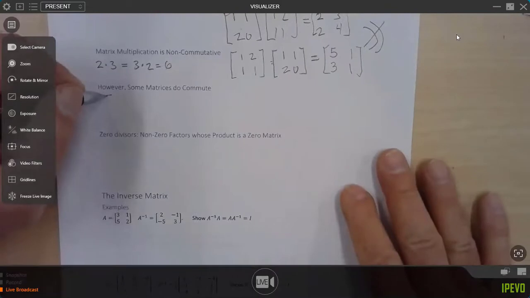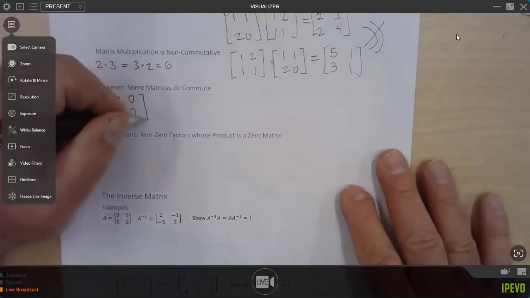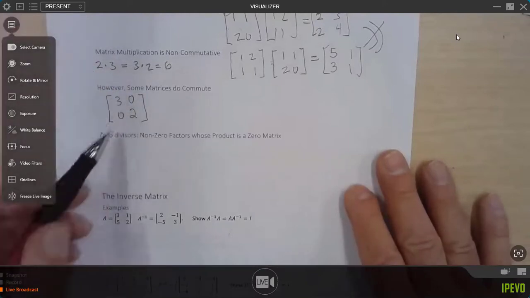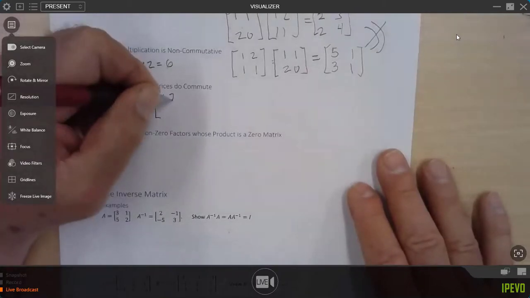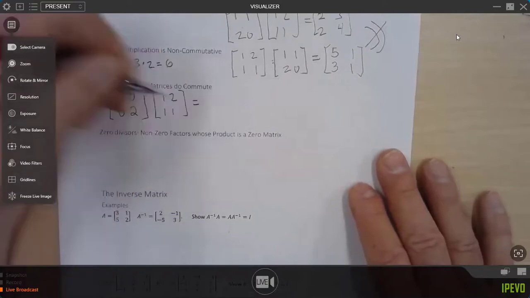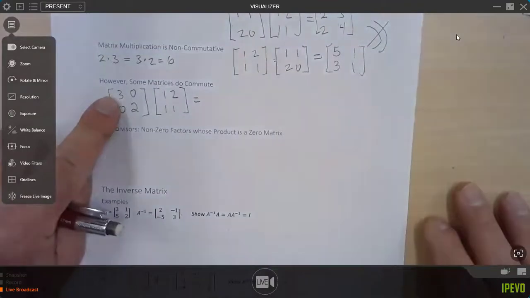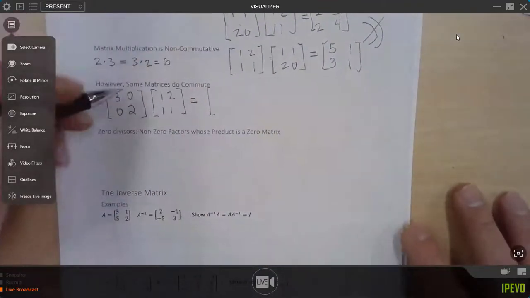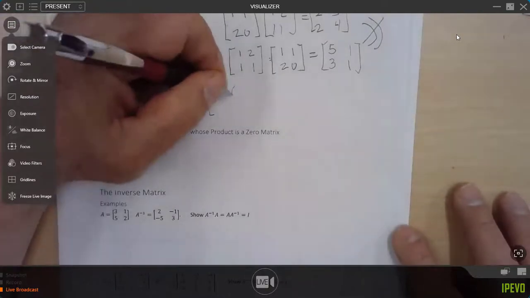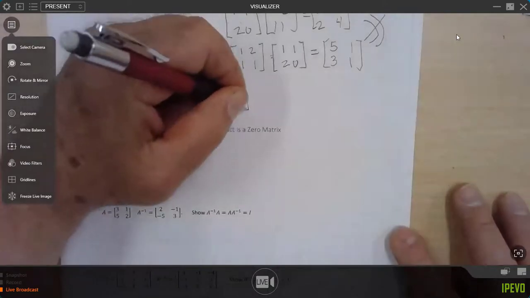So let me give you an example. It turns out, by the way, that any diagonal matrix, diagonal means this, has zeros off the main diagonal. Any diagonal matrix will commute with any other matrix. So if I multiply this out, let's see, I'm going to get that, I think.